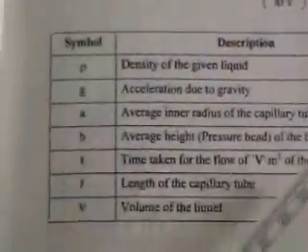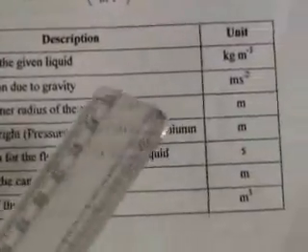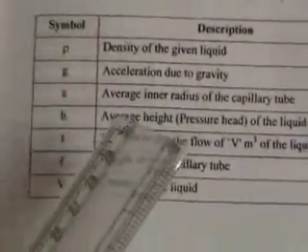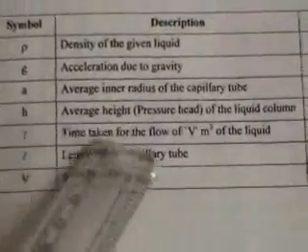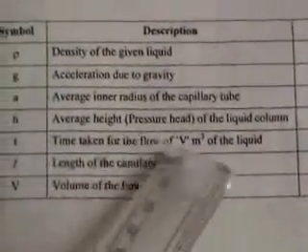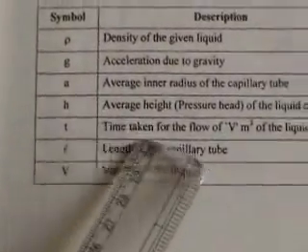It is the average inner radius of the capillary tube, mind you, because we are also going to take one outer radius later on. H, small h, which is mentioned there, is the average height or pressure head of the liquid column in meters. This I have already told you is h1 plus h2 divided by 2, depending on the range what we are taking.